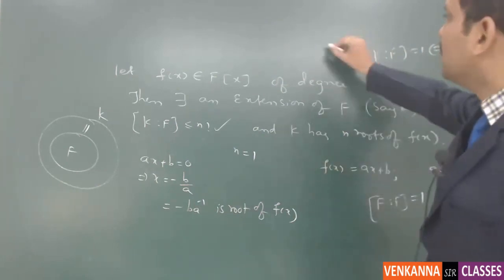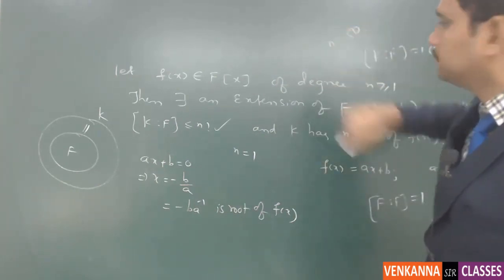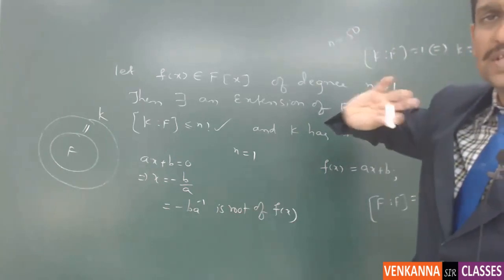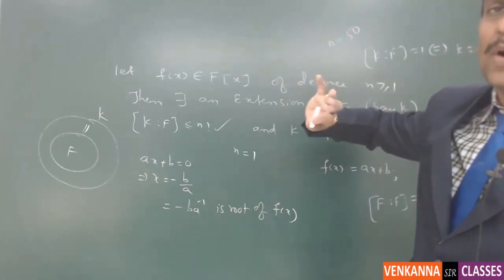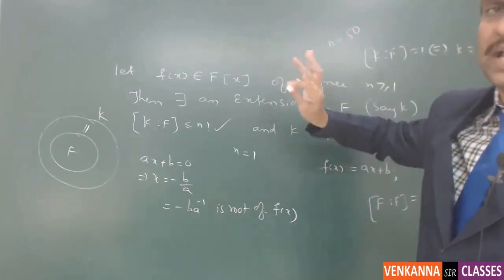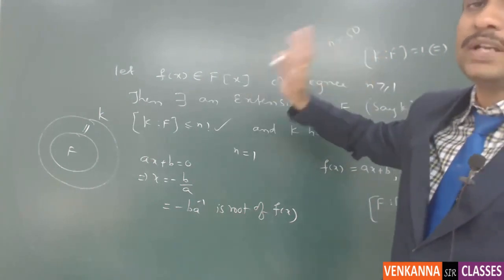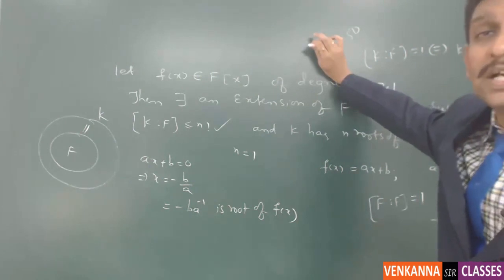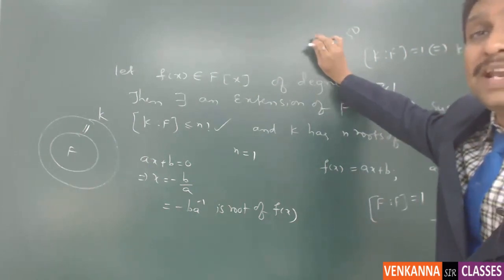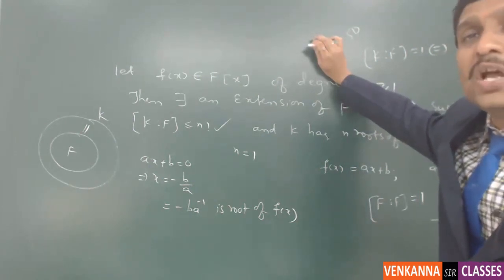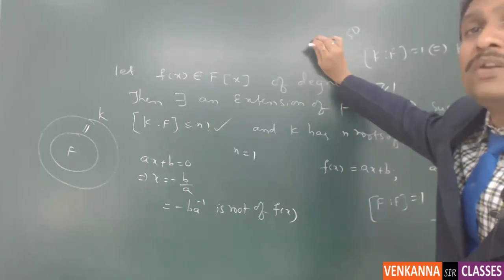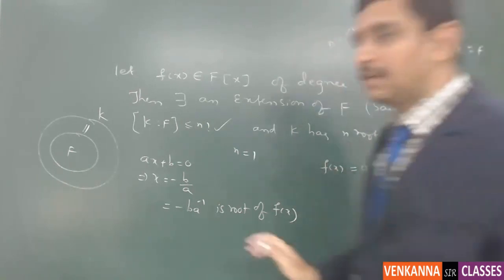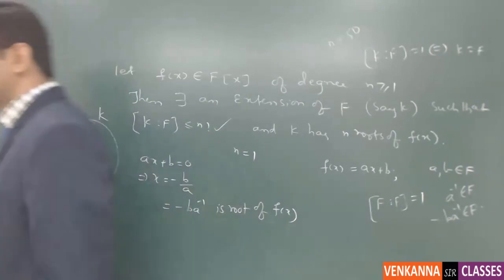Let me say, if I take n equal to 50, the induction hypothesis says that whatever polynomial you consider up to degree 49, degree 1, degree 2, degree 3, up to degree 49, obviously you will get an extension of F in which all the roots of that polynomial will belong. Clear? The induction hypothesis.